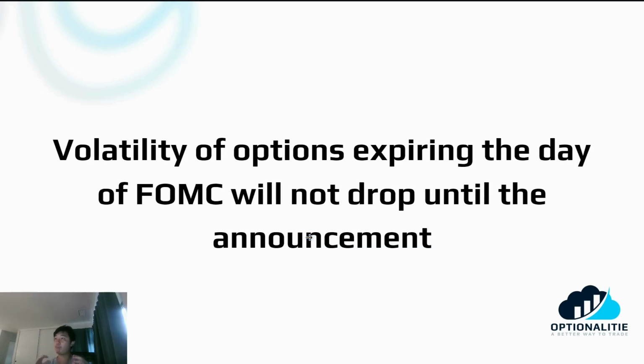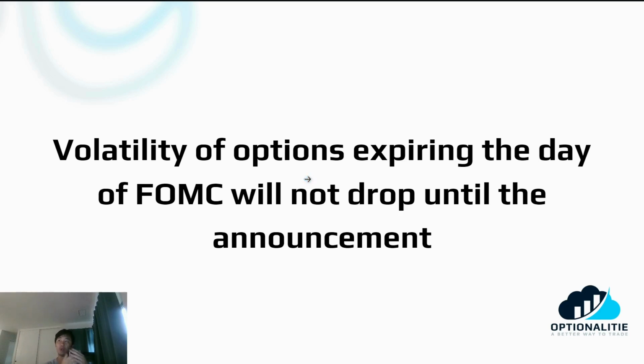Now, options that are expiring on the day of the Fed will not drop until basically the announcement. And usually they will retain 75 to 80% of their value, and it will drop precipitously during the 2 hours of the announcement. So what does this mean?